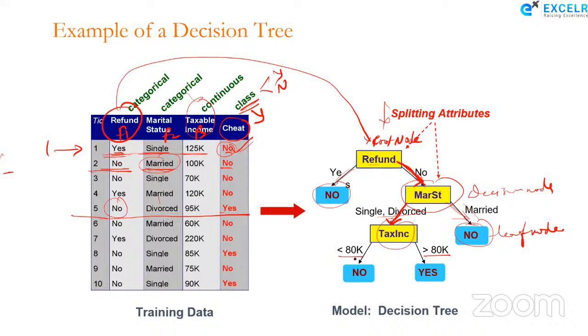For this record the amount is 95K, which is more than 80K, so this data point falls through here. There is a good chance this person might cheat the income tax department, and we will label that person as belonging to the yes class.